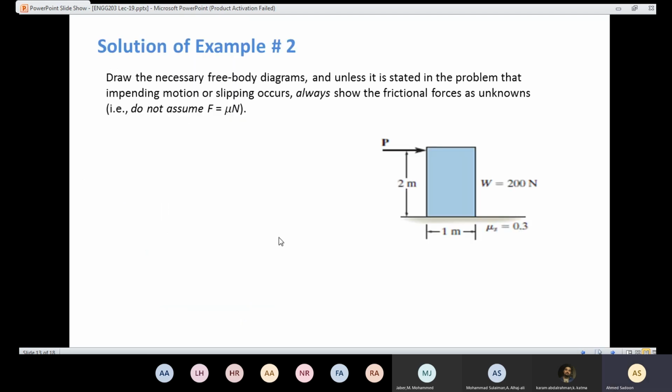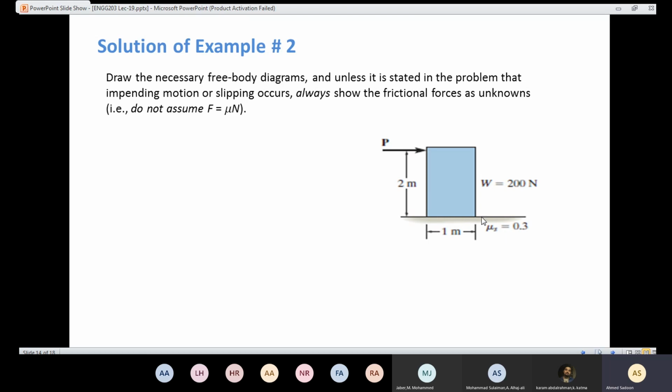So in order to solve the example, the first step is to draw the free body diagram. The weight is going to be applied at the center of gravity for that box, and at the contact surface here, we are going to have frictional force and normal force.